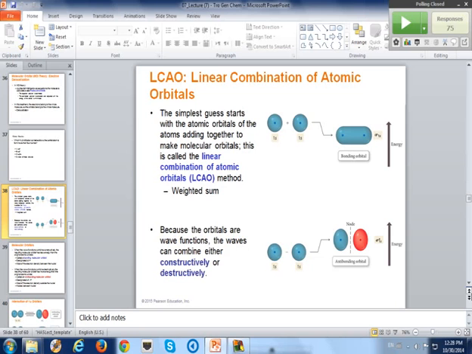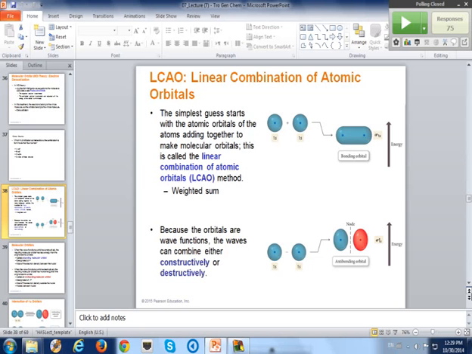somewhat in analog to the blending of the atomic orbitals of an individual atom for forming hybrid orbitals of that individual atom, right? So it's sort of analogous.